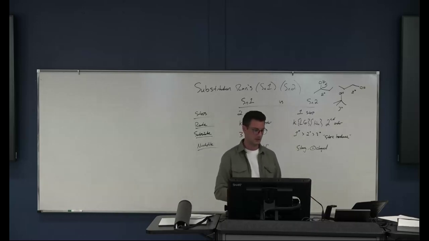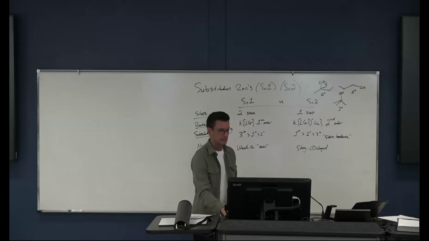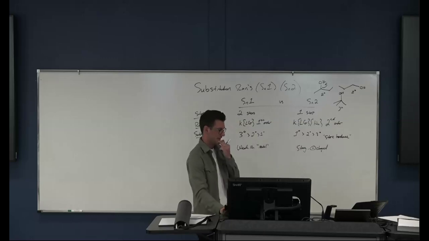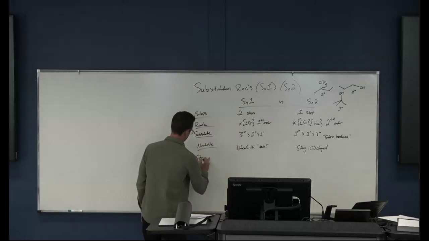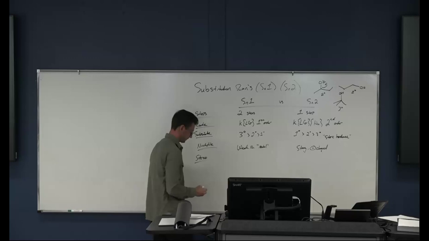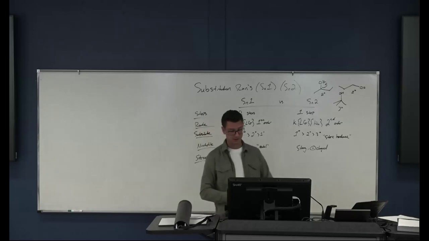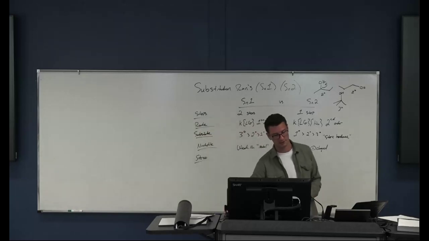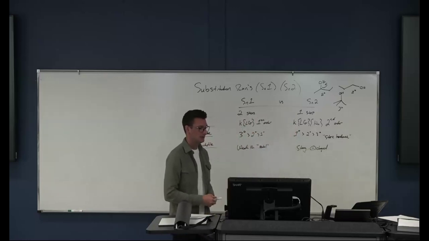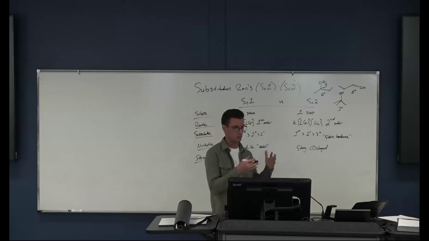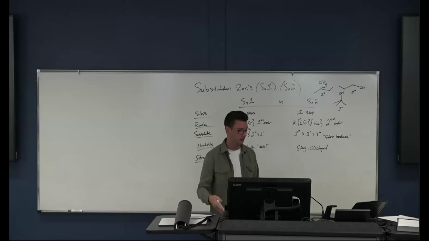Okay. The stereochemistry is something that we do need to consider. For those that love chirality, it does come back a little bit. In Sn1 reactions, the products retain and invert the stereochemistry of the leaving group.